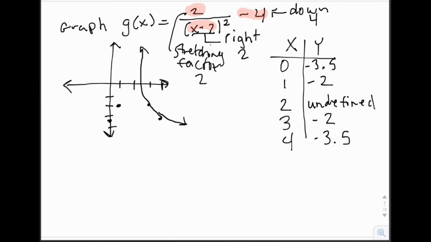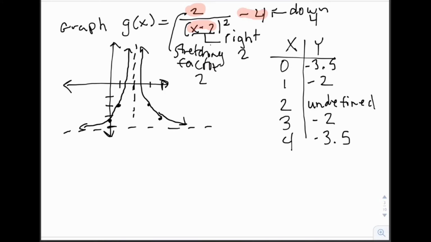And then our left side should look approximately like this. All right, and notice how we have some invisible lines going on. We have this invisible line right here, and our last one is actually at 4, right there.